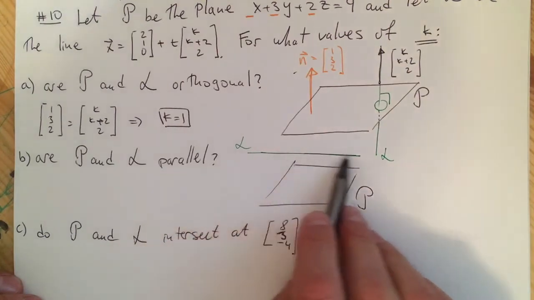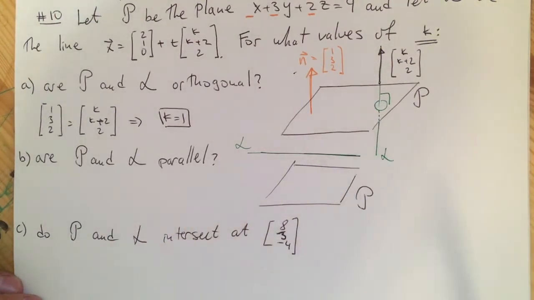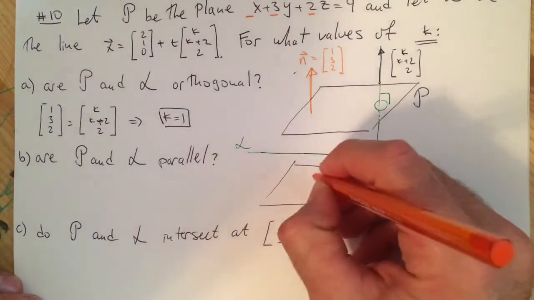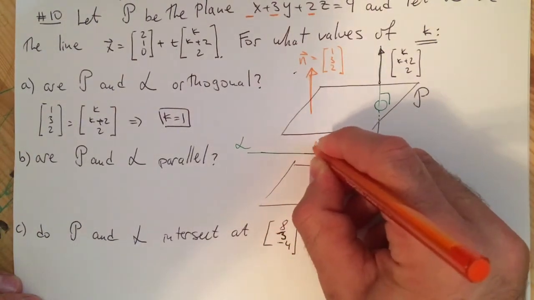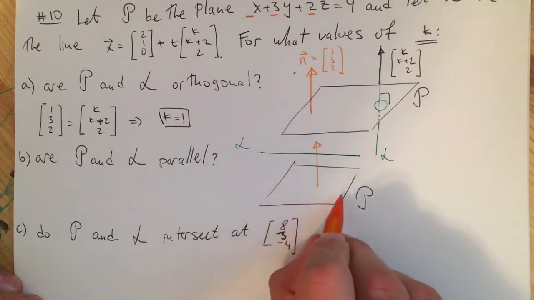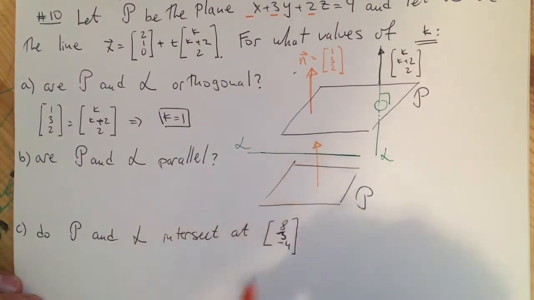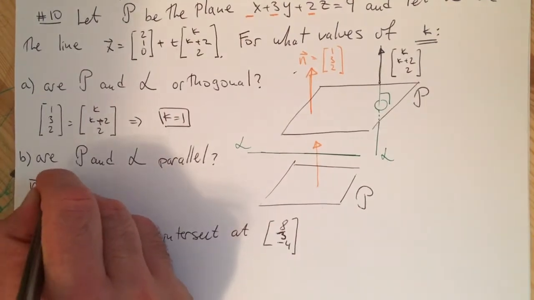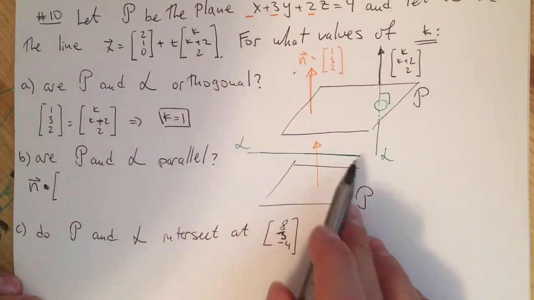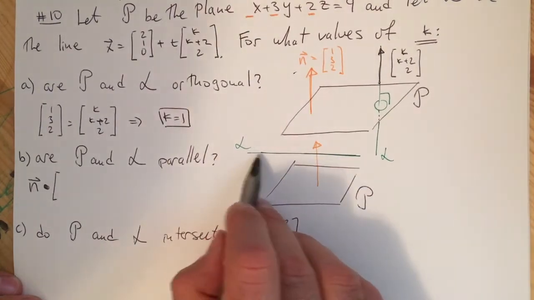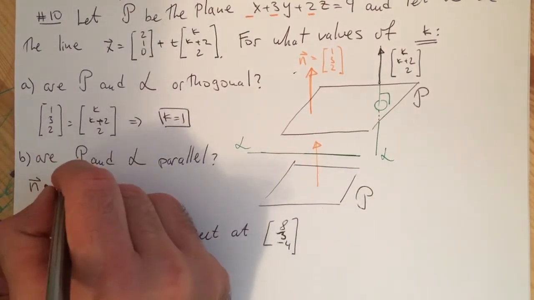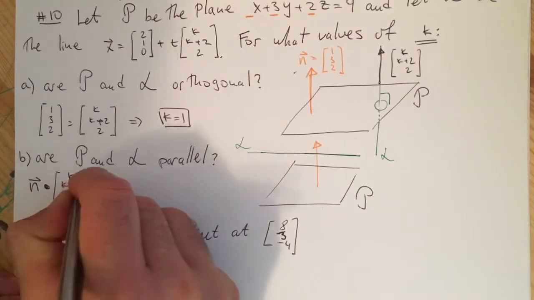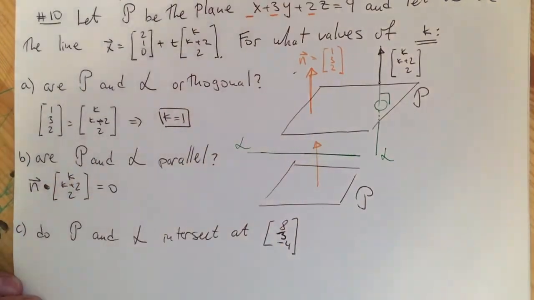But if L, the line, is parallel to the plane, then the normal vector is orthogonal to the plane but also to the line, because the line and the plane are parallel. Well, when we talk about orthogonality, we talk about the dot product. So in this case, n dot the directional vector of the line, or the vector parallel to the line, which is (k, k plus 2, 2), has to be equal to 0.